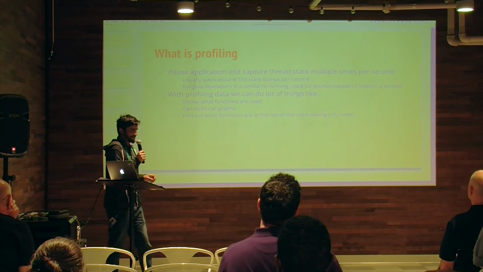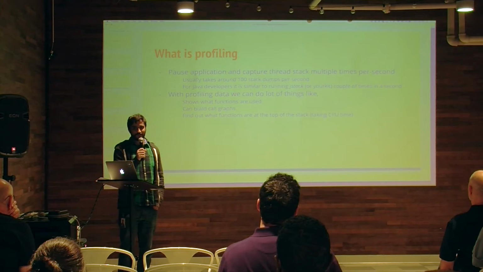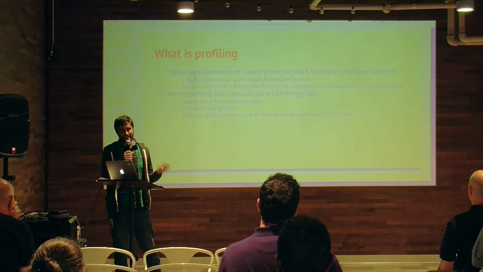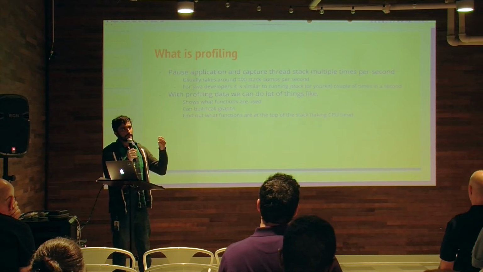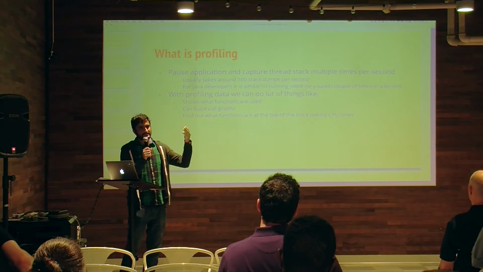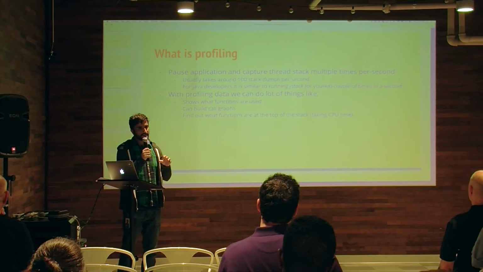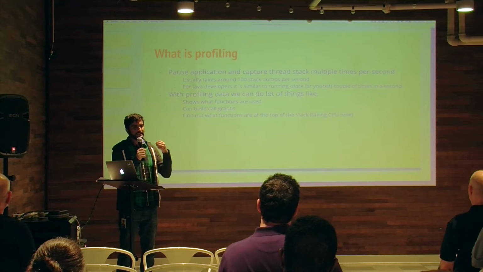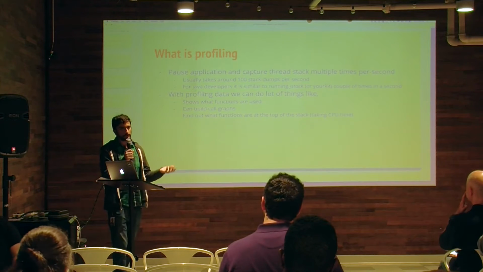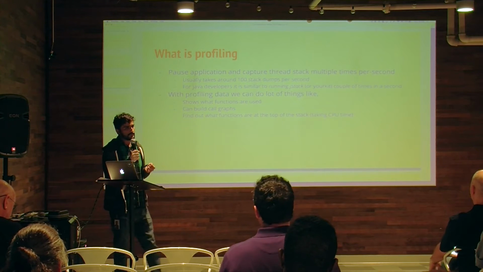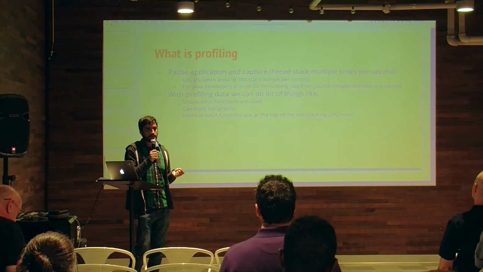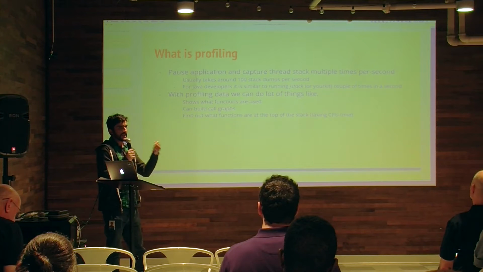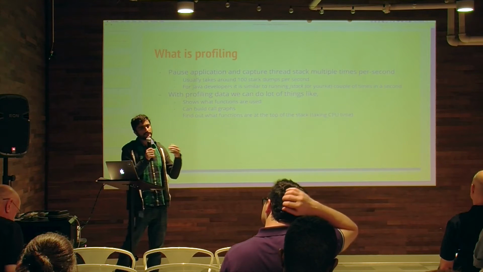Okay, what is profiling? Profiling, in pretty lame words, is pausing a process, looking at what the stack is, and then trying to make sense of what the CPU is working on right now on this thread, or on this Go routine in terms of Go. If you do that multiple times in a second, you get a list of stack traces.